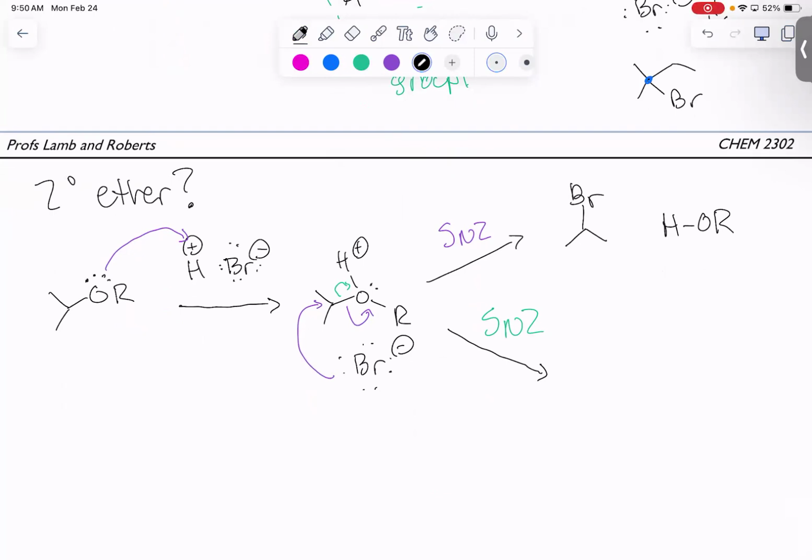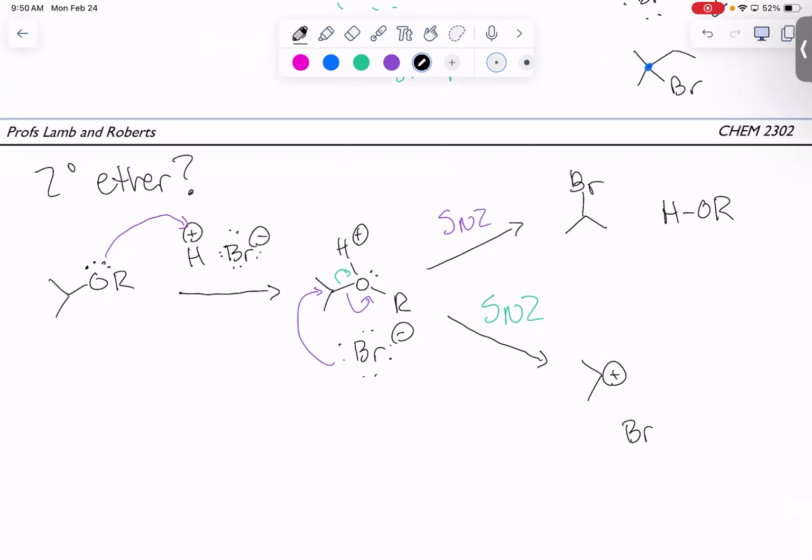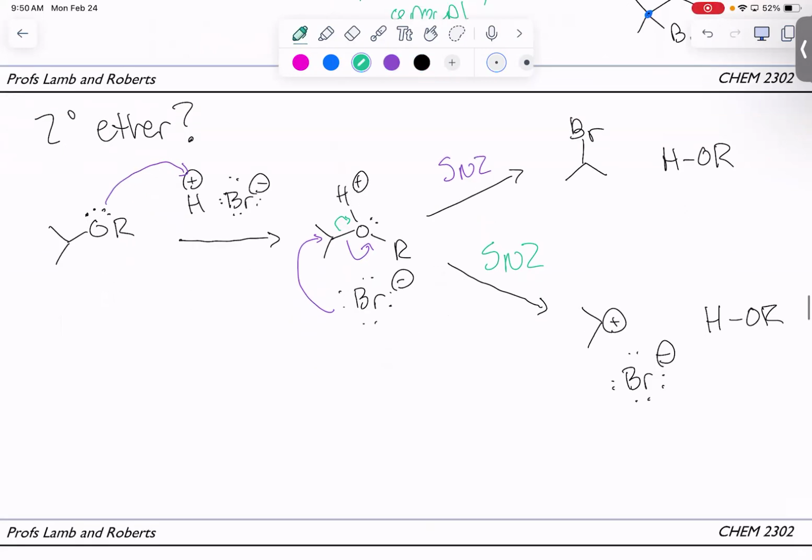We would end up in this case with our carbocation, and our bromide counterion would still be there. It hasn't done anything, and we would still end up with the same alcohol. Then in the same SN1 path, that's when we would form our product.